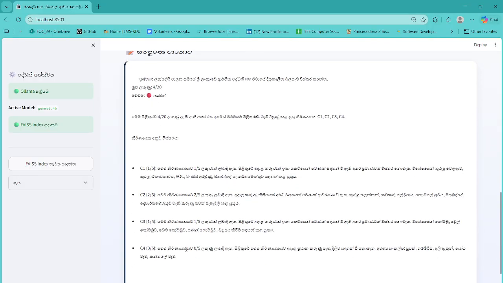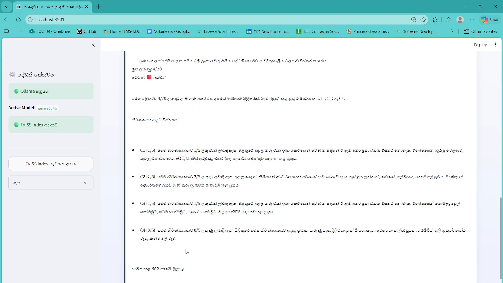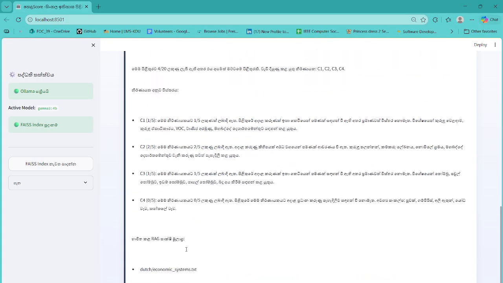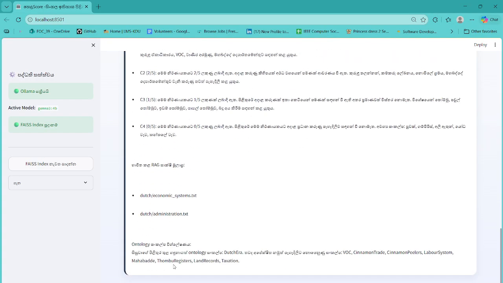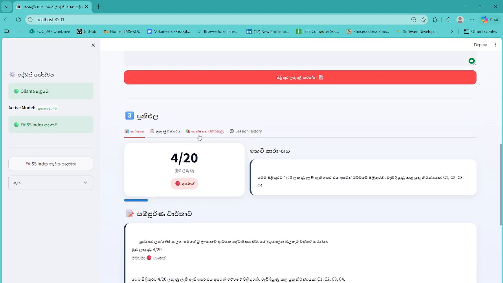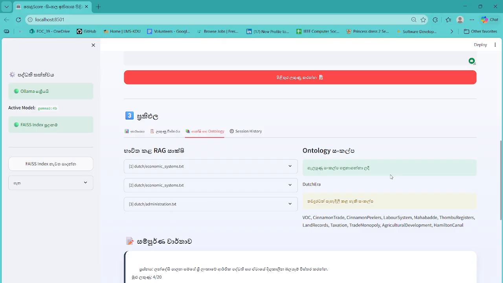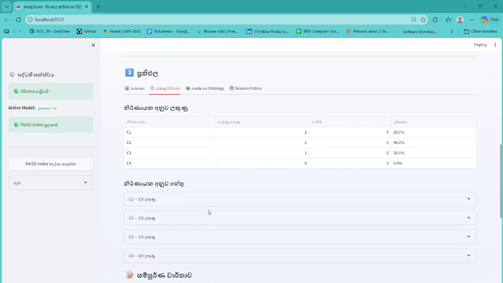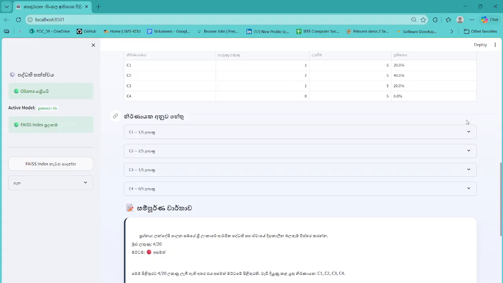The single reason explains what was missing, and the ontology output shows fewer relevant concept matches. This demonstrates that the system is not assigning marks randomly. So here is the criterion explanation.